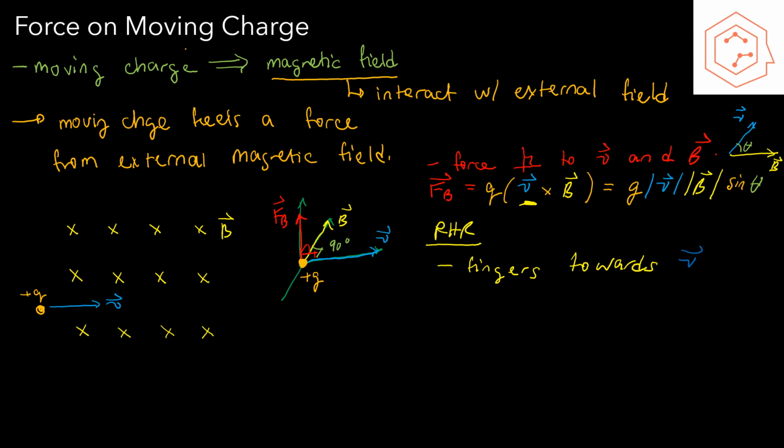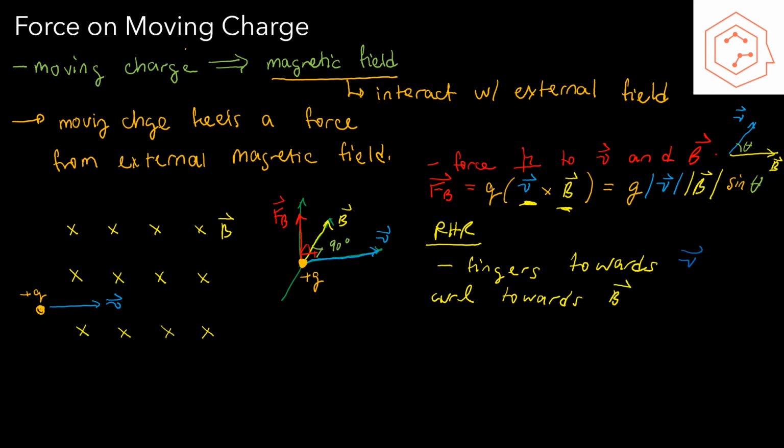And then we curl our fingers in the shortest direction to the second vector being crossed, and that's going to be the magnetic field vector.